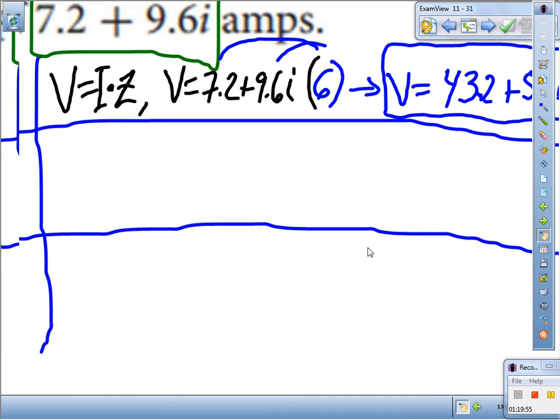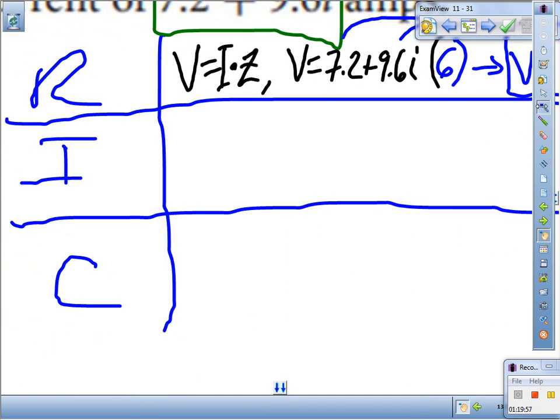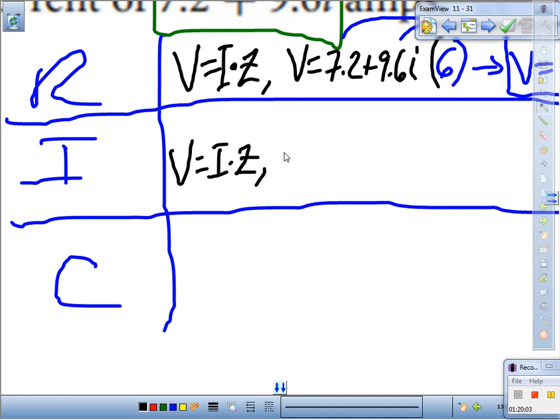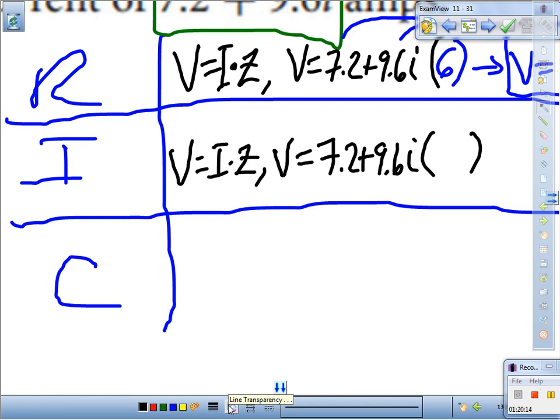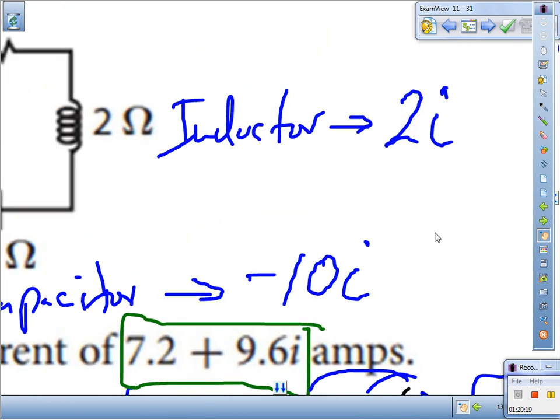I do that again for the inductor. V equals I times Z. V equals 7.2 plus 9.6I times, what is the impedance for the inductor, everyone? Let me check. 2I.